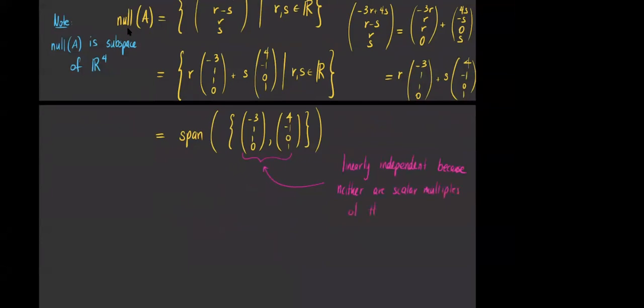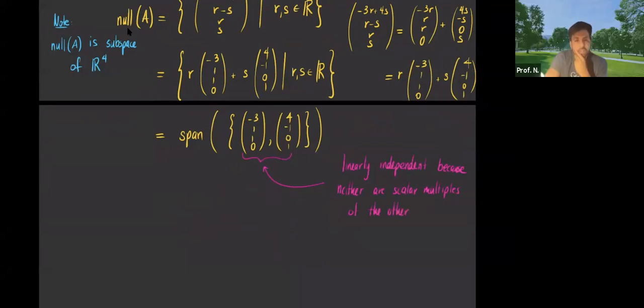Could we also say they're not within the span of each other? Very good. That's right. Equivalently, that's exactly what it means to not be a scalar multiple of the other: neither is in the span of the other. That's a very good connection.